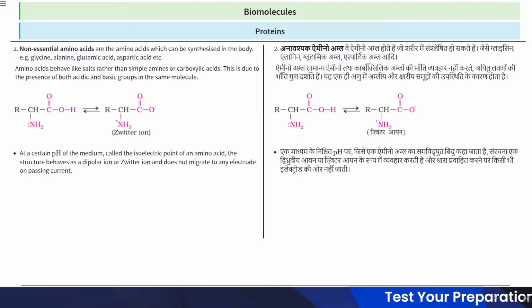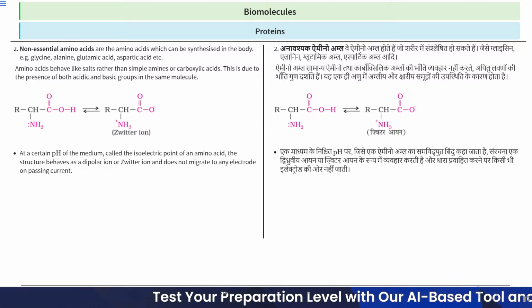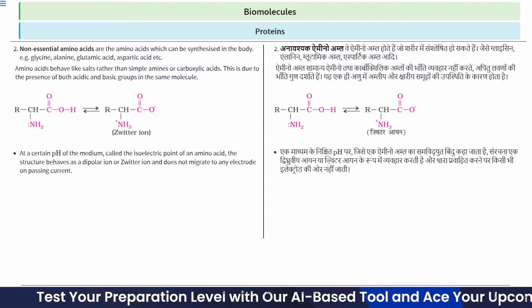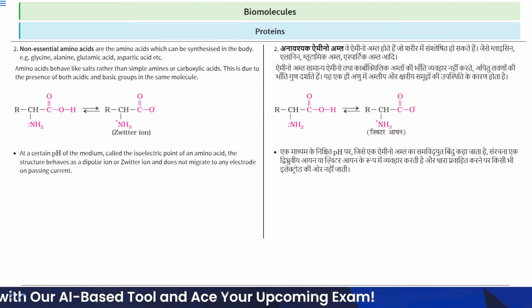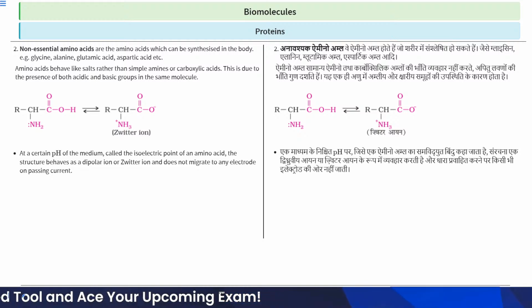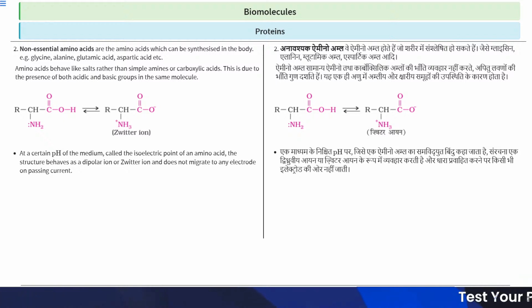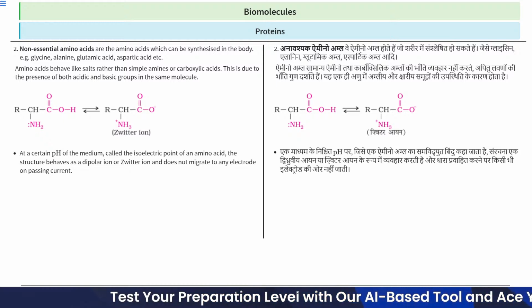At a certain pH of the medium, called the isoelectric point of an amino acid, the structure behaves as a dipolar ion or Zwitter ion. So the medium in which the amino acid is present has a certain pH, which is called the isoelectric point.